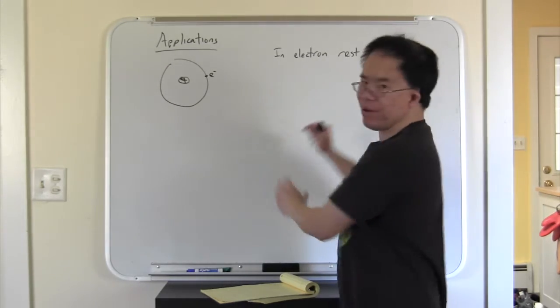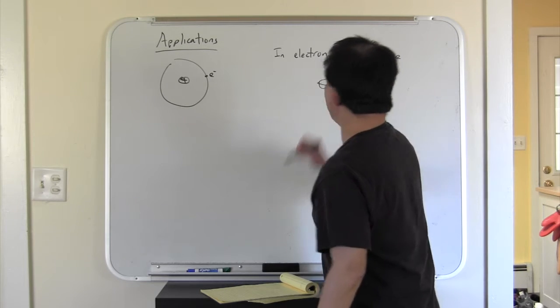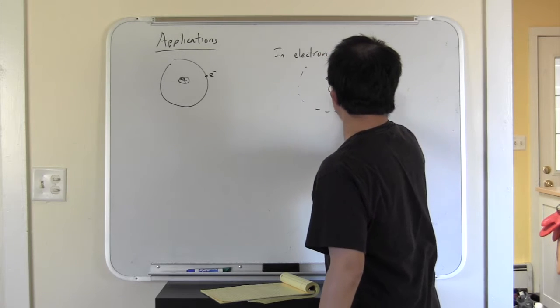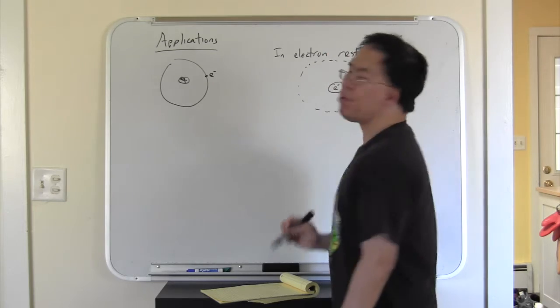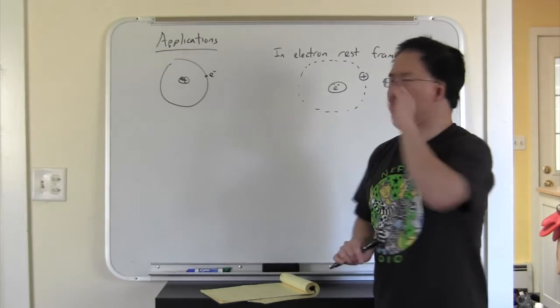Similarly, in the electron rest frame, the electron sees itself at the center, and the electron sees the proton orbiting it.